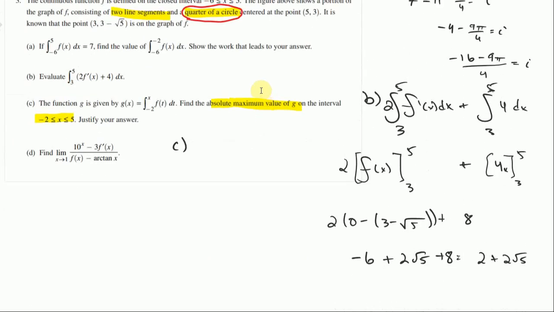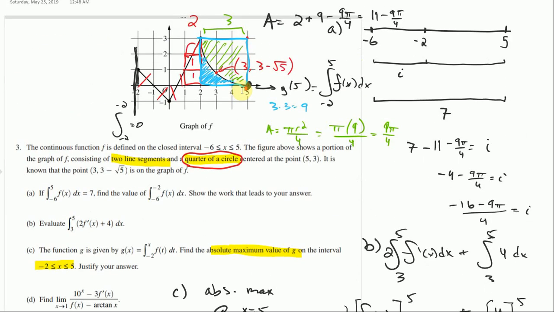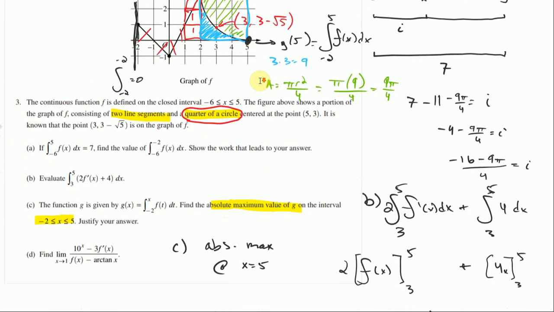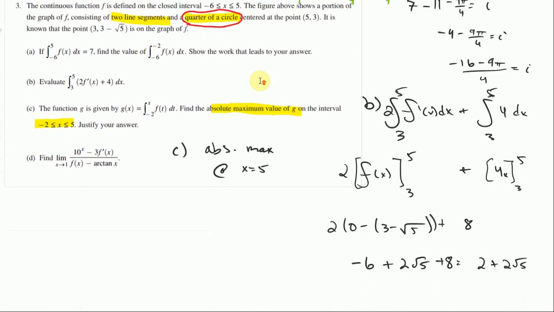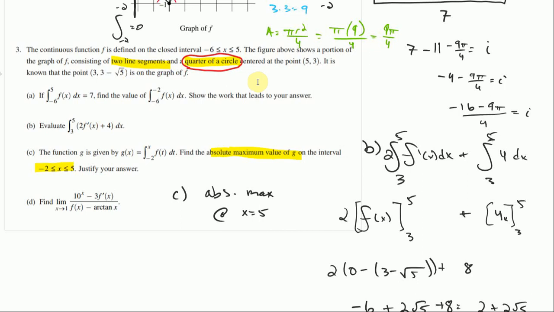You can get a 5 with 50% on the AP, and I think this is one of those things that you just don't want to spend time on justifying. So you're just going to say absolute max at x equals 5. And I think that's fine. That's basically what I did. I might have made up some kind of justification for that, but really it doesn't matter.